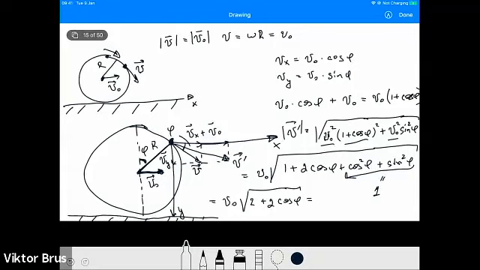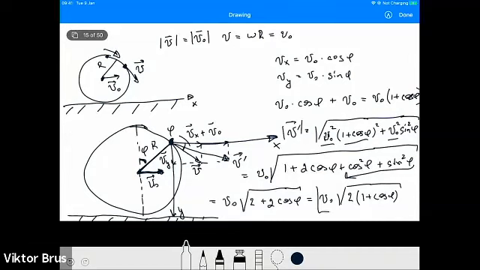Yes, and then we have v naught square root of 2 multiply 1 plus cosinus phi.